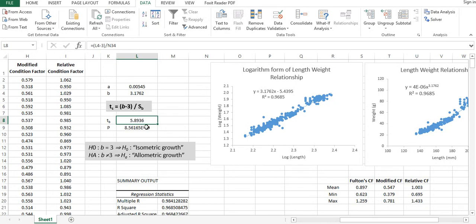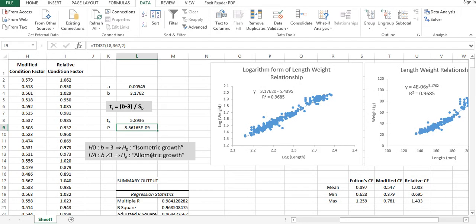Then you have to check whether it is significant or not, so you have to calculate your p value. As I told you earlier, if the p value is greater than 0.05, it is not significant, and you accept your null hypothesis. If it is less than 0.05, then you accept your alternative hypothesis.